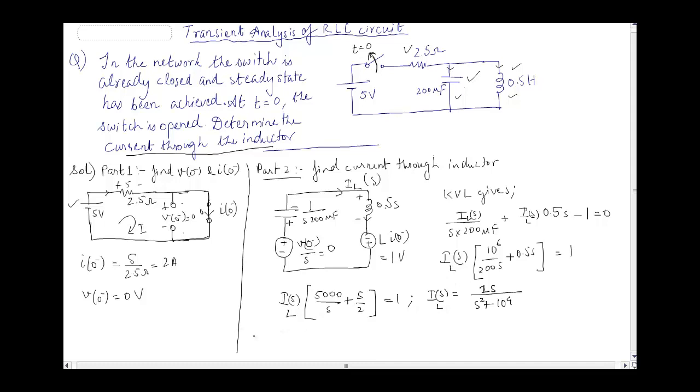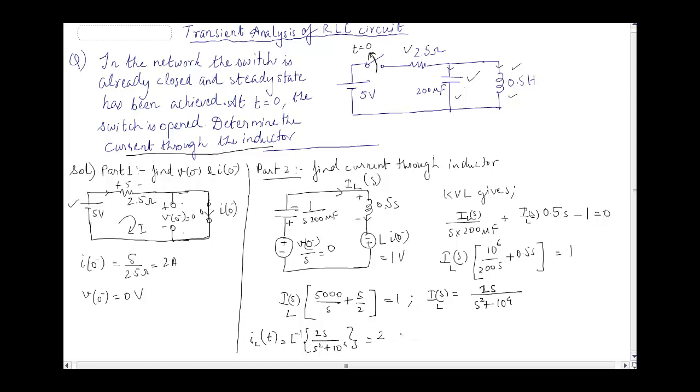Now I will get the current through the inductor IL of t by taking the Laplace inverse of 2S by S square plus 10 raised to power 4. As you can see here, we can solve this directly because there is nothing much complicated here. It will come as 2 times S divided by S square plus 10 raised to power 4, whose Laplace inverse will be cos.